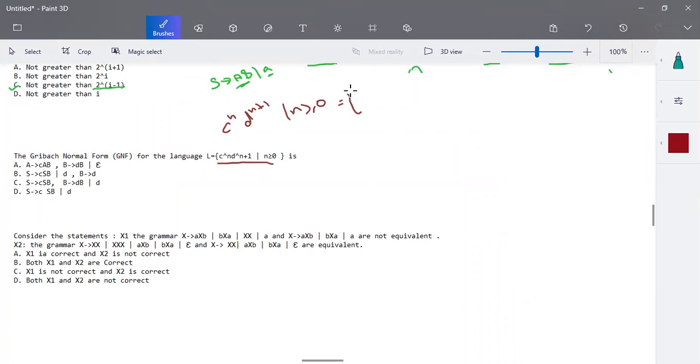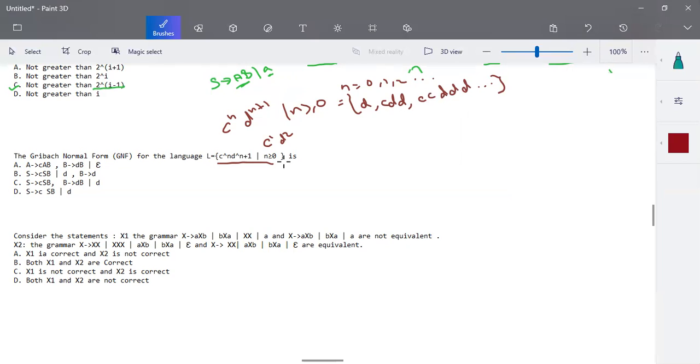So n ranges over 0, 1, 2 and goes on. When n is 0, there is no c and only one d. When n is 1, c power 1, d power 2, that is 1 c, 2 d's, and it goes on. When there are 2 c's there are 3 d's. The number of d's is 1 plus the number of c's.